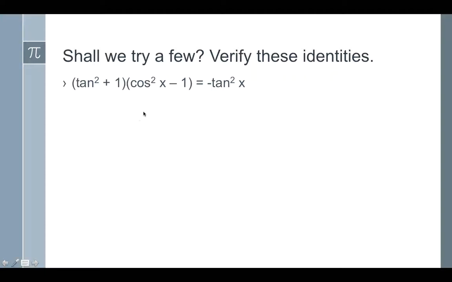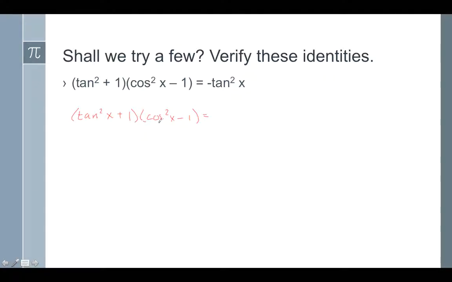All right, let's try again here. Looks like the more complicated side is the left. Oops, missed my x there when I typed it. So I have some squares and some ones, so I'm going to think again Pythagorean identity.